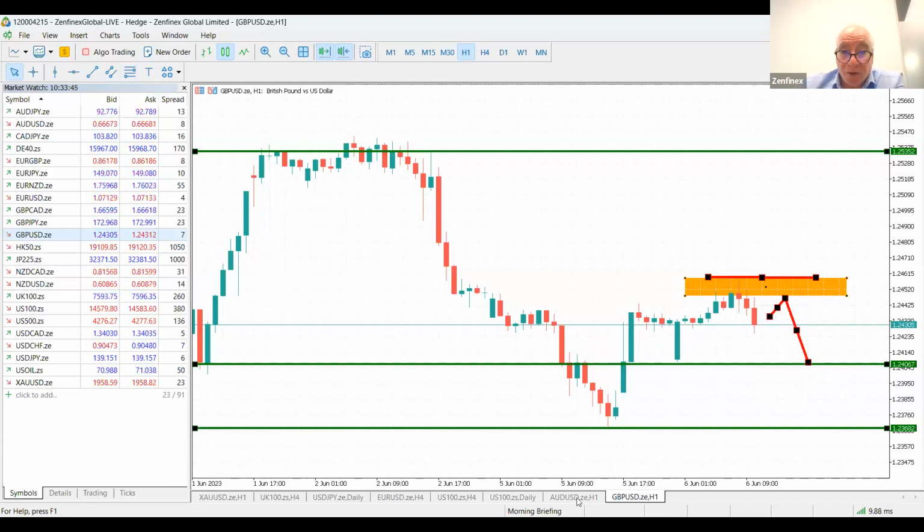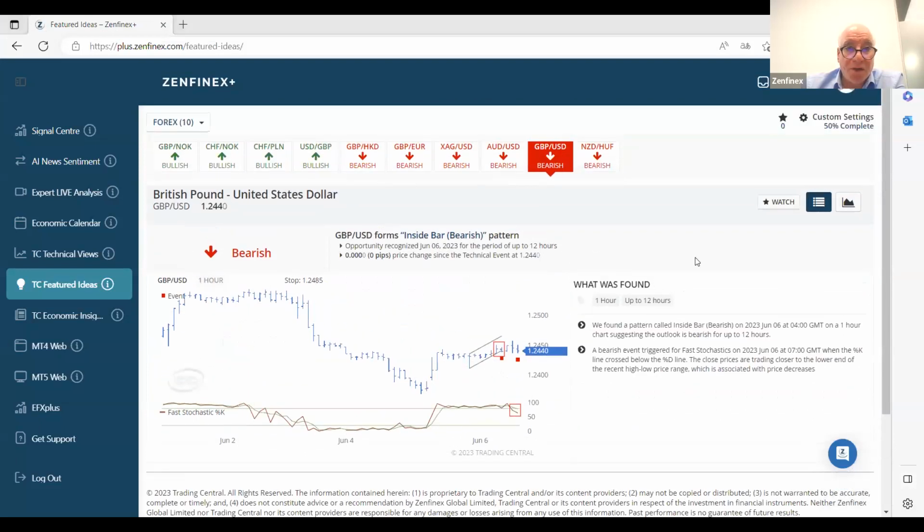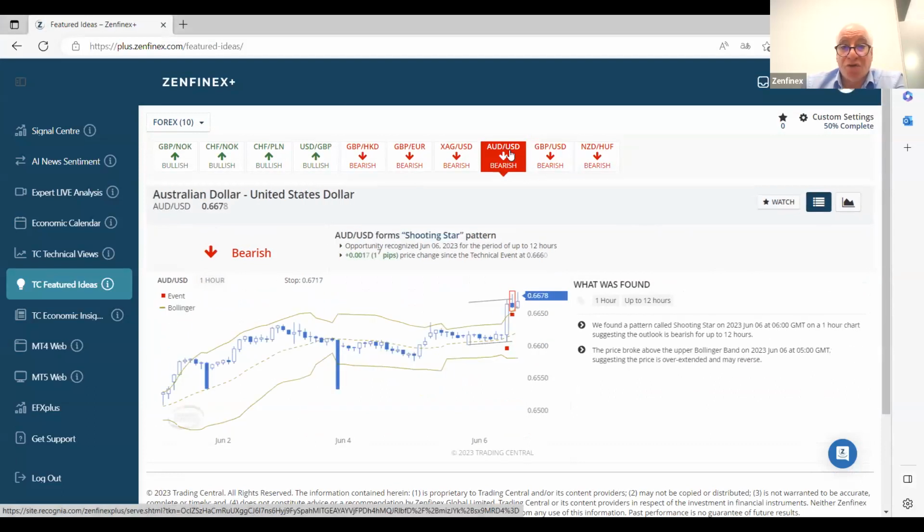And that was based upon this trade right here. I'm not going to look at any more. Let's just see what else might be setting up. The Aussie dollar is bearish. Well, we've been seeing it with strength, haven't we?